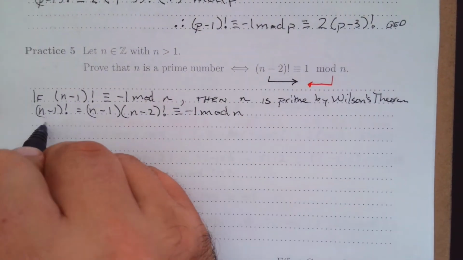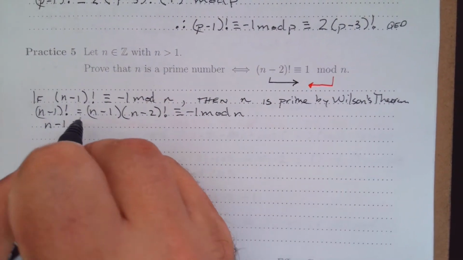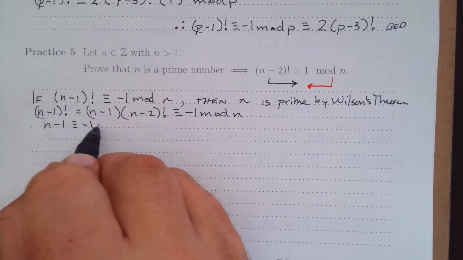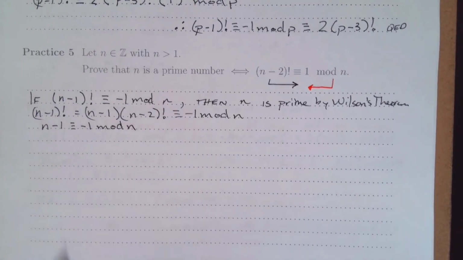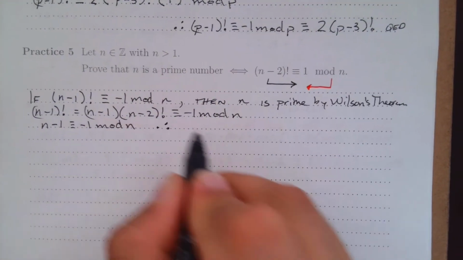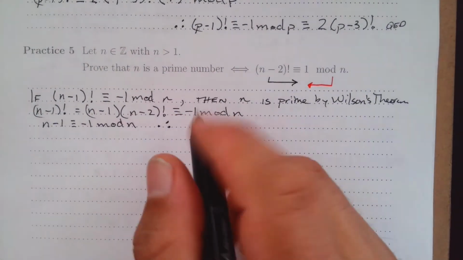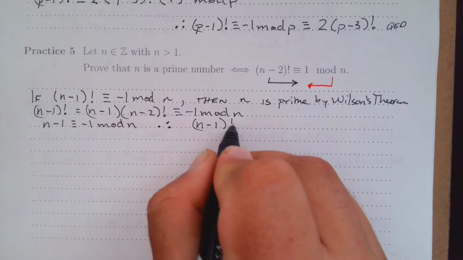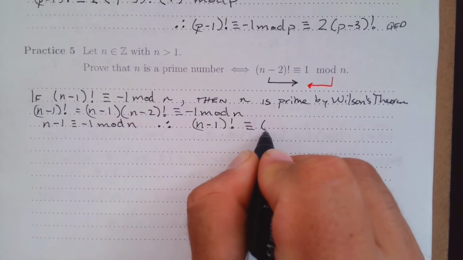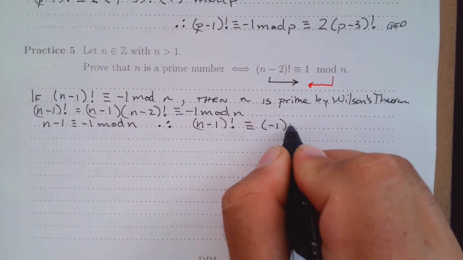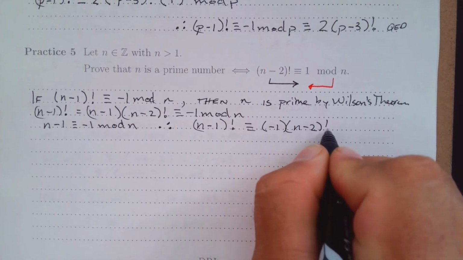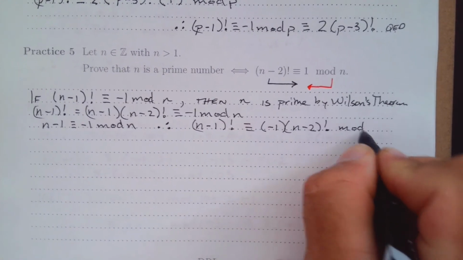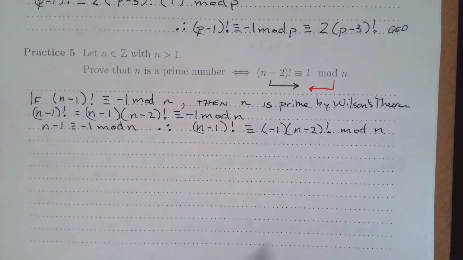All right, n minus 1 is equivalent to negative 1 mod n, so therefore (n minus 1)! is equivalent to negative 1 times (n minus 2)! mod n, right?